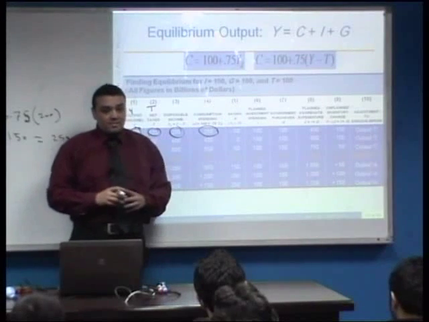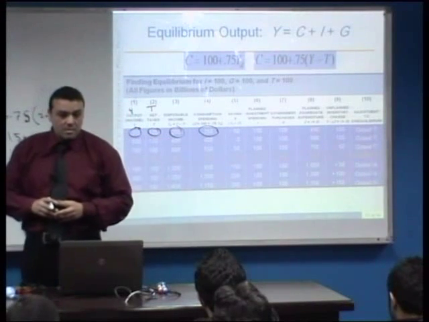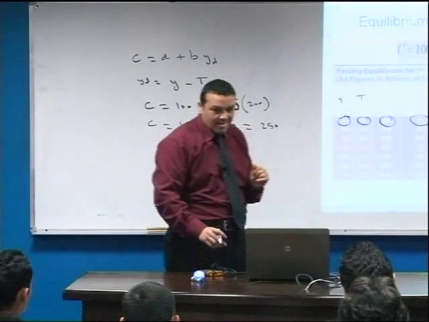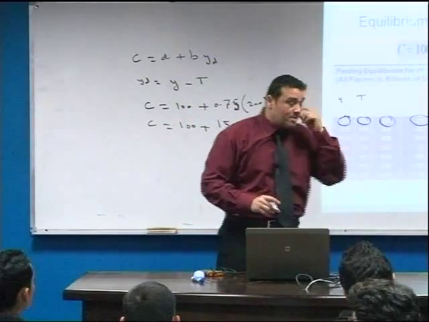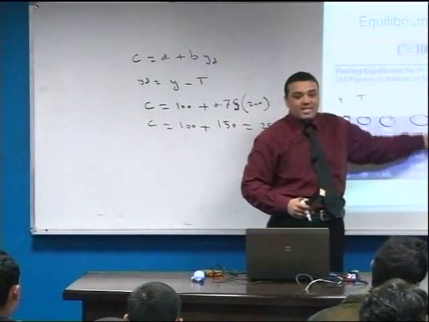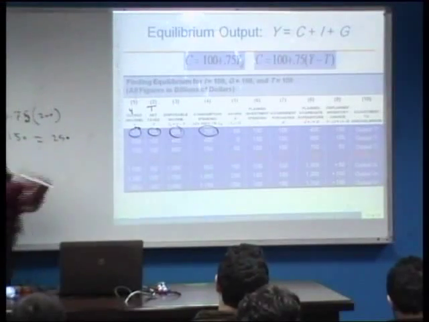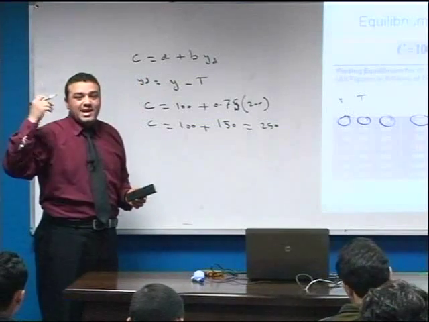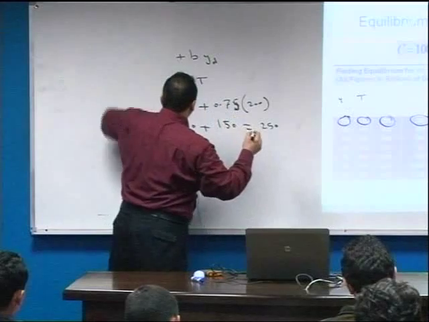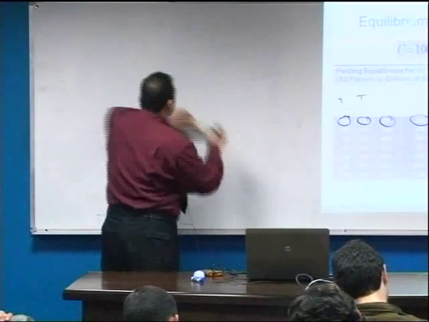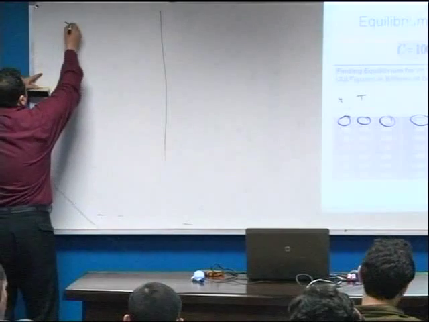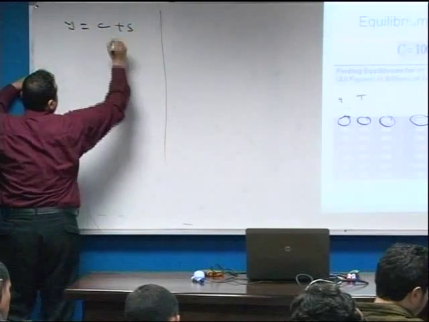Calculate the saving. Exactly, because the question here is to calculate S, saving. In the closed economy without government, Y was equal to C plus S, right?